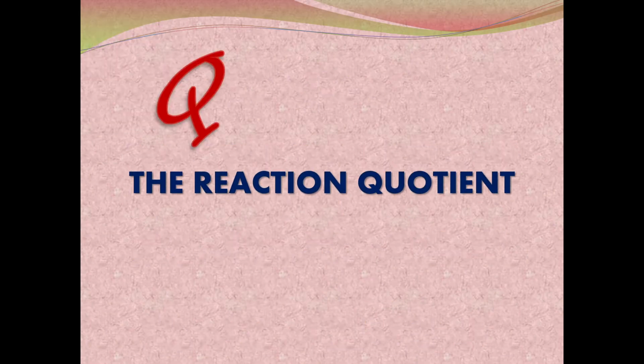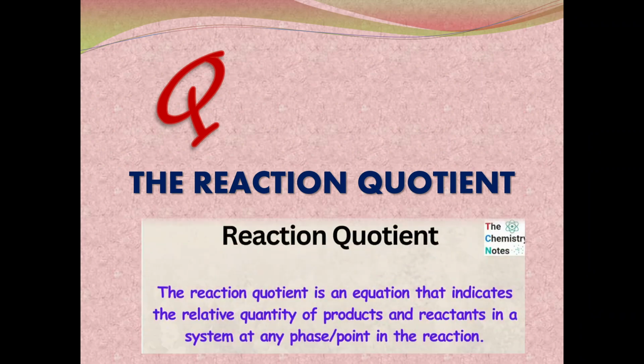So we have something called Q, the reaction quotient. The equation for Q is exactly the same as the equation for K. It is products over reactants. It's exactly the same as K. The reaction quotient is used to determine whether or not we're at equilibrium, to indicate the amount of products and reactants we have at any given time, whether we're at equilibrium or not.